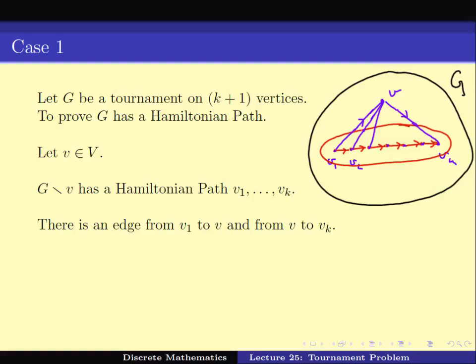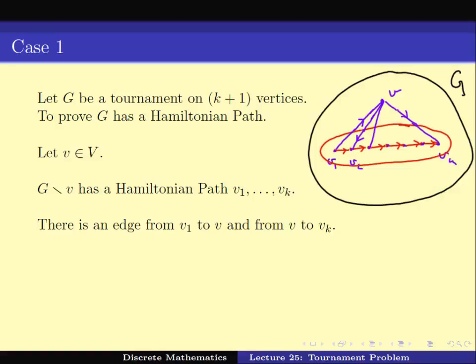Now, once this is the case, unfortunately, we cannot obviously extend it to a Hamiltonian path. There is no Hamiltonian path that can be seen here in the picture right now. But what happens if there is an edge from V to V2, something like this? In that case, I would have got a Hamiltonian path, which is V1, V, V2, V3, V4, V5.